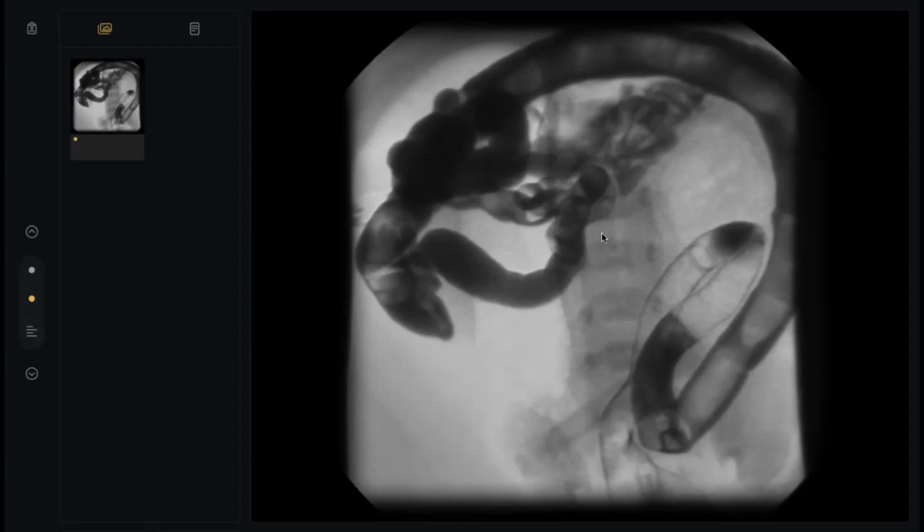The distal small bowel is visualized, so maybe it is small bowel atresia like jejunal atresia. I would like to look for other views if available, please. This is the only one. So my concern is small bowel atresia, maybe at the level of the jejunum.